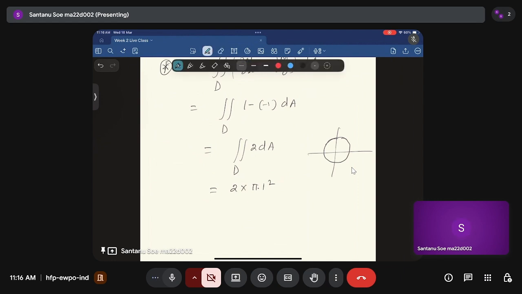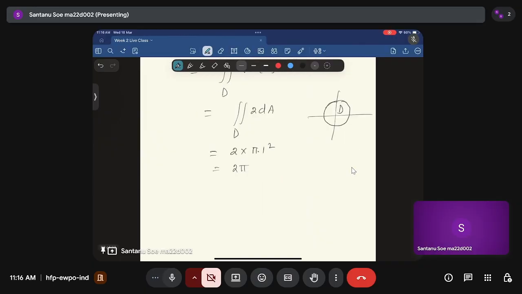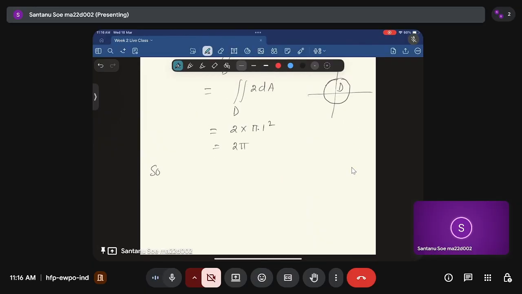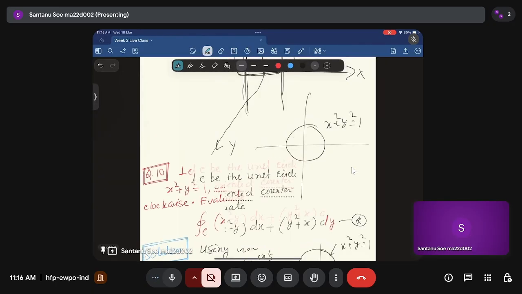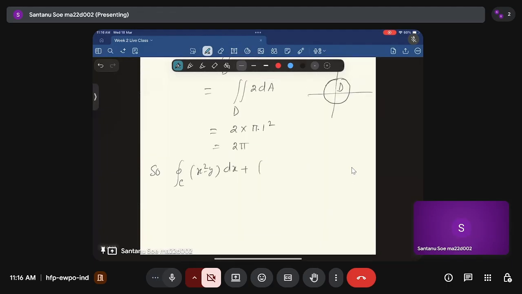This is our D. Hence the answer should be 2 pi. So the integration over C of x square minus y dx plus y square plus x dy equals 2 pi.